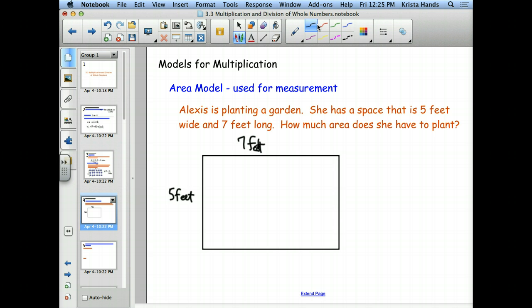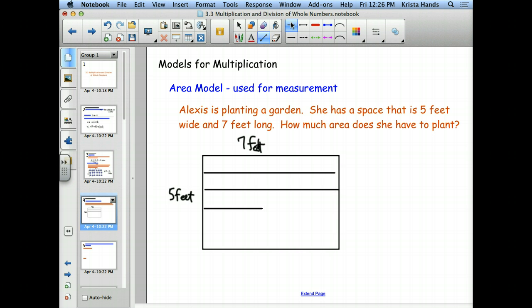And if we wanted to continue to draw the picture, we could break it apart by its feet, like the last one looked like with the circles. So I could take some lines and actually split it apart. Okay, so it's not perfect, but pretend it is. There's 5 equal feet wide in the description, and then I need 7 feet in the other direction.